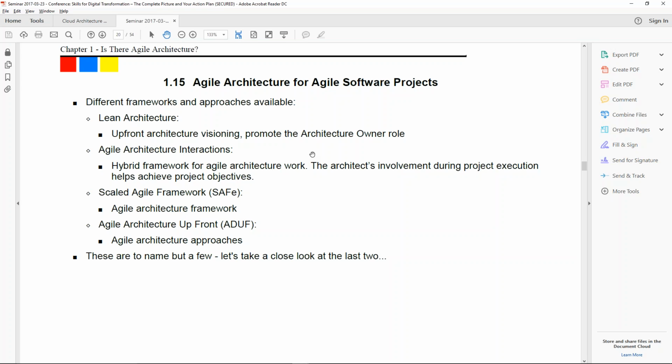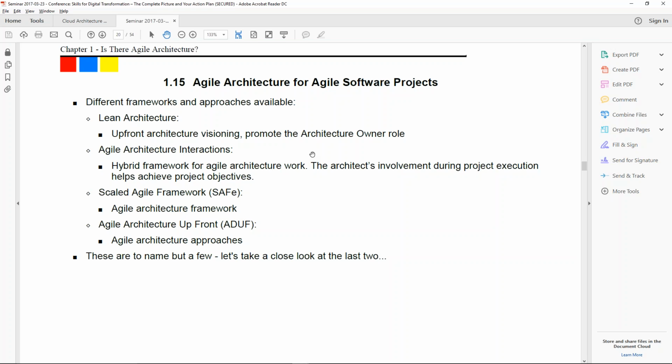Agile architecture, where you have an architect involvement during project execution, but involvement in the Agile world means participation, not just advice most of the time. So an architect can step into a project part-time and help build the code and help folks to understand better approaches.